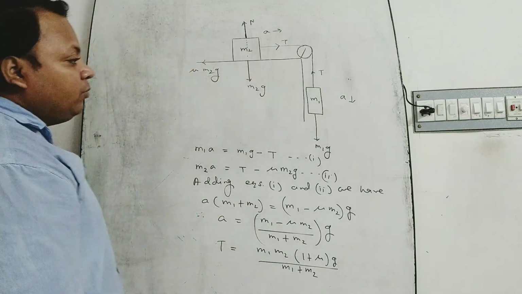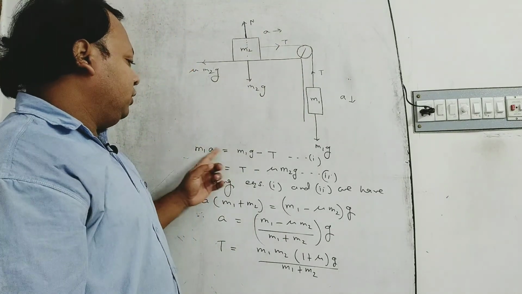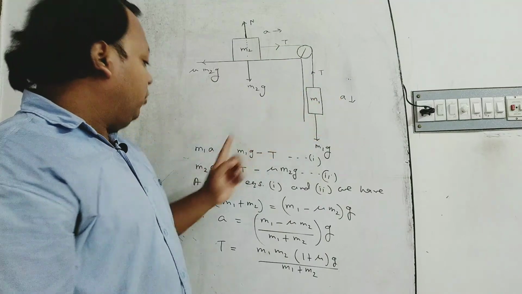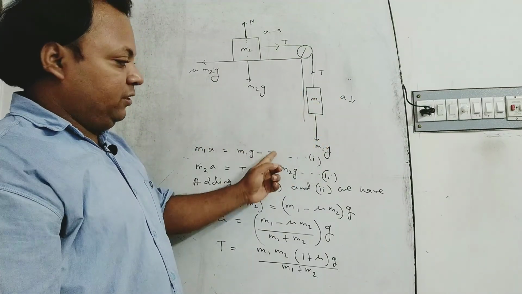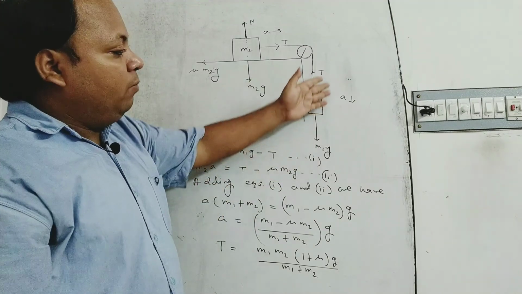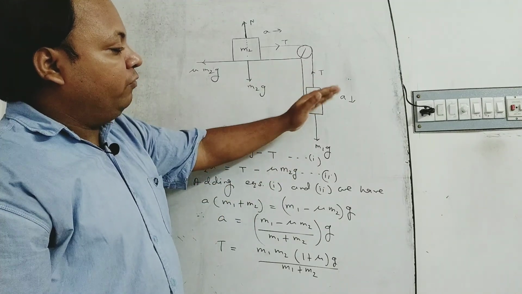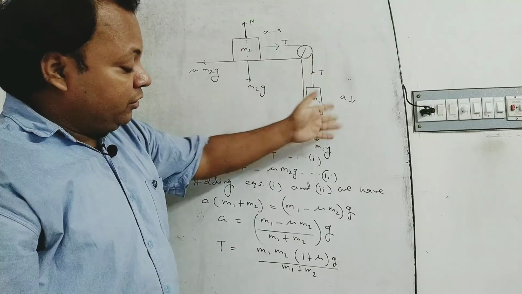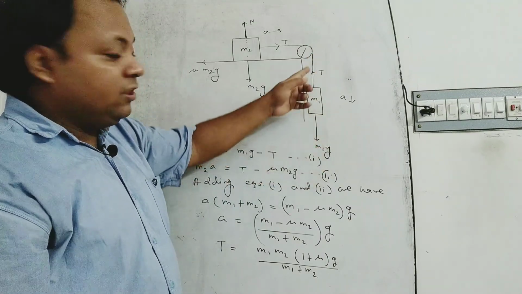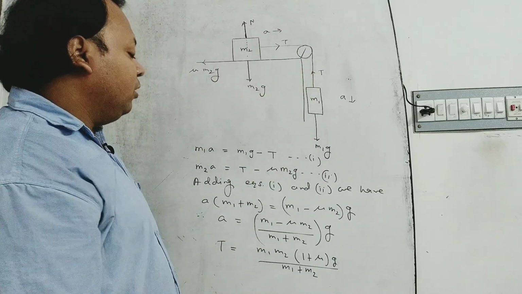The equation of motion for the first body is m1 into a, that is the resultant force, is equal to m1g minus T. Since the body m1 moves in the downward direction, m1g is greater than T, the tension of the string.